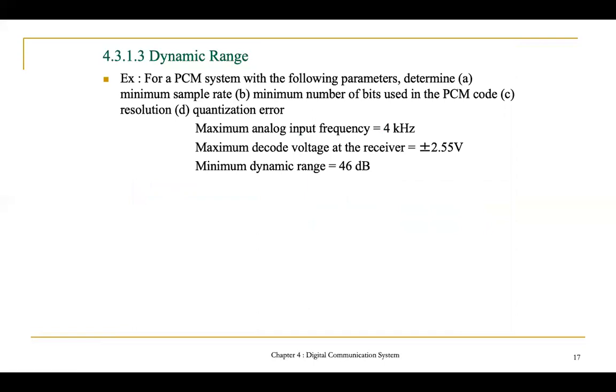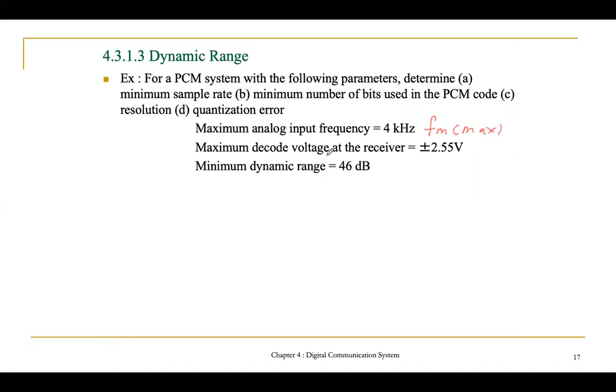For a PCM system with the following parameters, determine the minimum sample rate, minimum number of bits used in the PCM code, resolution, and also the quantization error. You were given the maximum analog input frequency. This is the input, meaning the modulating signal, fm max.